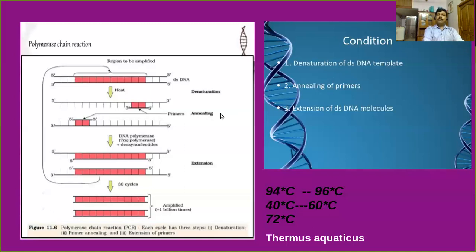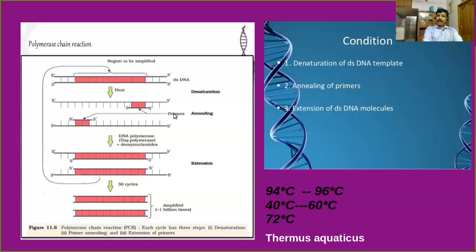What is the meaning of annealing? The primers are attached to the 3' end of the template or the 3' end of the DNA fragment to be amplified. Look, this is the 3' end of this DNA fragment. Dear children, look, this one is the 3' end of the second DNA fragment. The small red colored region represents the primers.